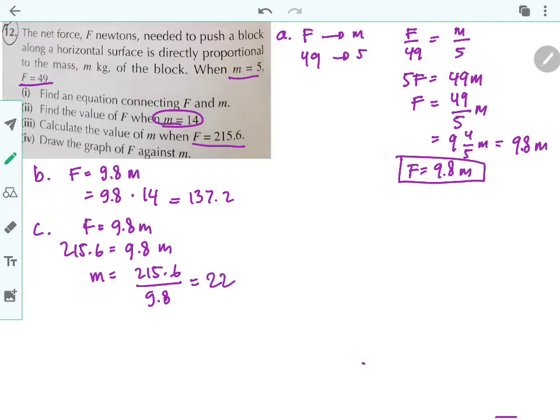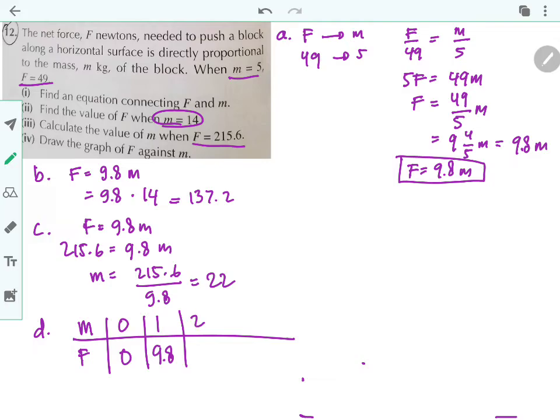Okay, now D, let's go with D. Draw the graph of F against M, just like what I told you before. What you need to do is just use the table of values of M and F. So when M is 0, F is 0, and M is 1, because F is actually 9.8 times M, so it's 9.8.